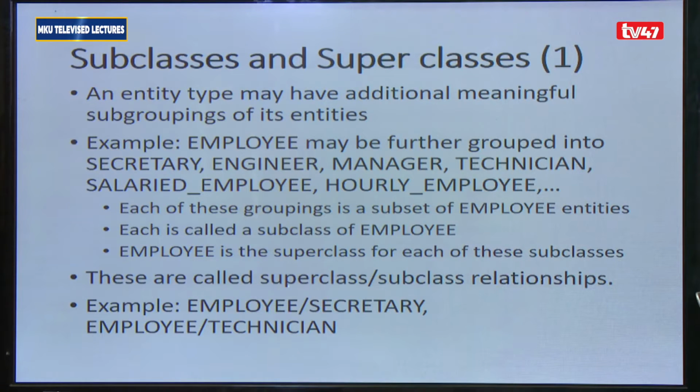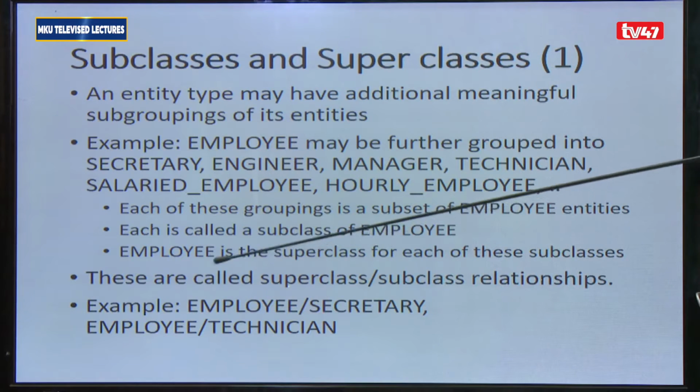Looking at it in a general form, a secretary in our case is an employee. An engineer is an employee. Like the example I gave previously of the student, a student, whether full-time or part-time, is a student. So employee is the superclass of each of these subclasses.